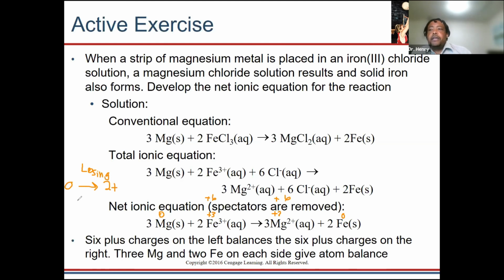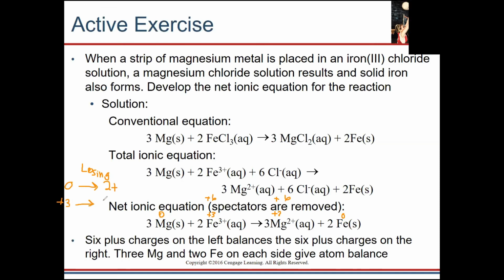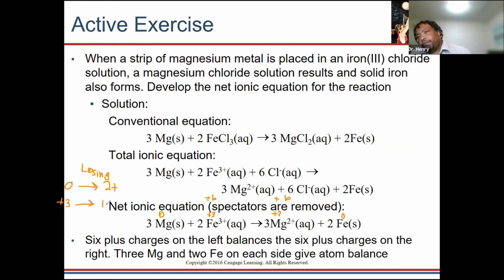Now, the iron is going from a +3 to a 0. So if it's going from a +3 to a 0, that must be doing what? Gaining. Okay, so this guy is gaining. Okay, so there's oxidation reduction.